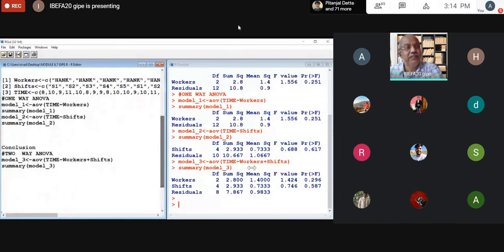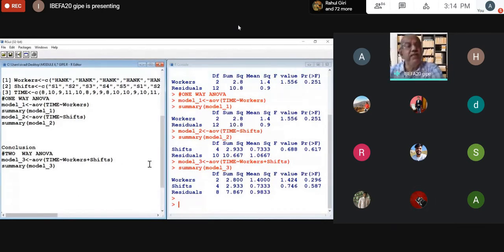So here independently I worked it now. Model 1 and model 2, I repeated the test of hypothesis, correct now? Yes, sir. But the data is related to both workers as well as shift, correct now? Yes, sir, related to both.